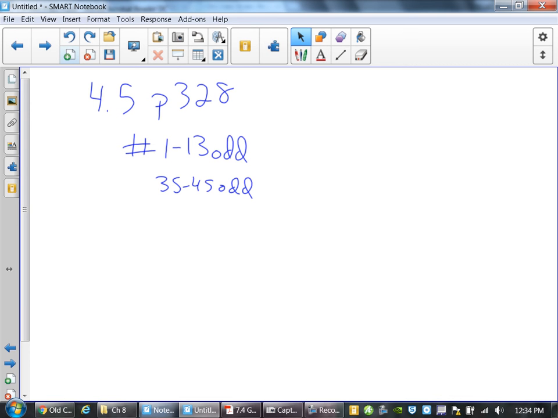Next week, we'll work on the inverse trig functions, where we're going to graph cosecant, secant, and cotangent. Believe it or not, it's actually pretty simple to graph. For example, think about a sine graph between 0 and 2 pi.